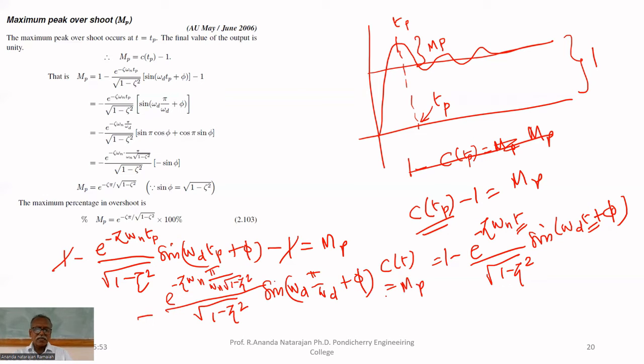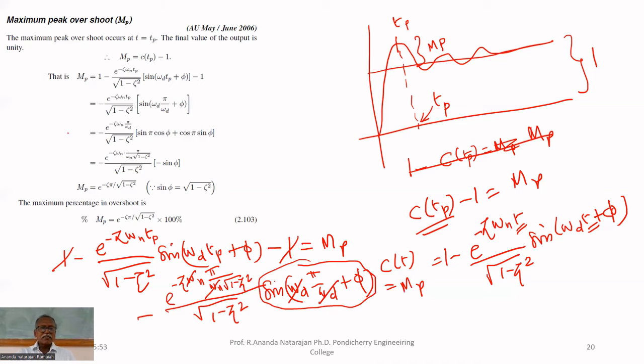The minus sign is still there. Omega d gets cancelled here, and omega n gets cancelled here. So we can write sine pi plus phi.